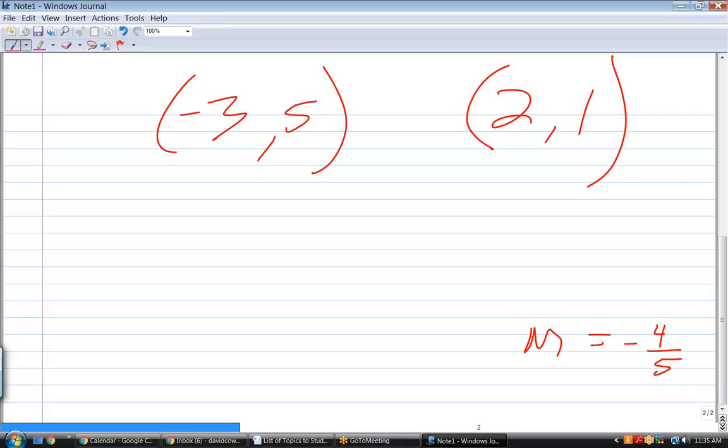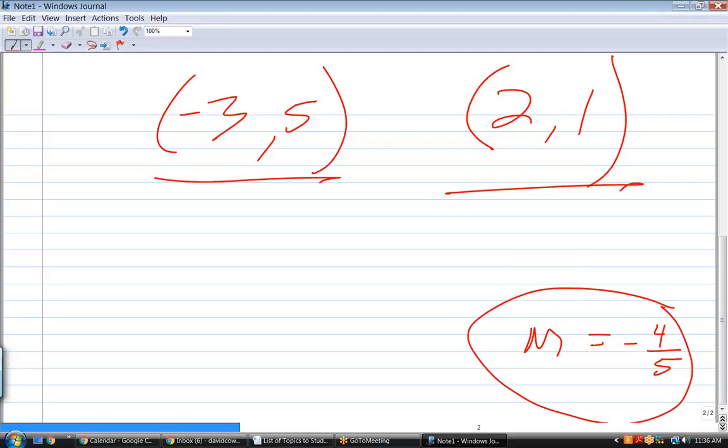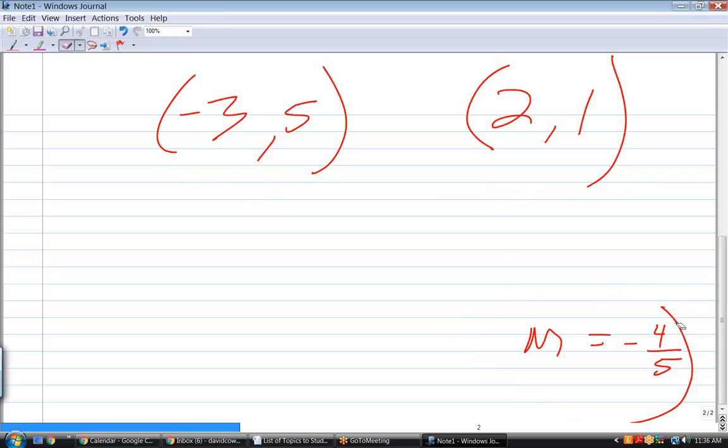So we need to be able to do this. At this point, we have the slope and 2 points, so we have more information than we actually need. So what's the general equation again?